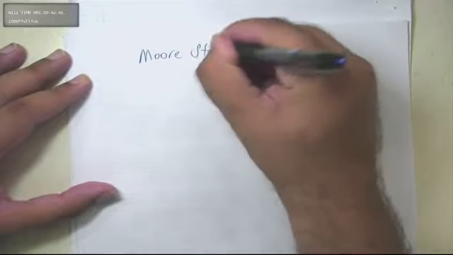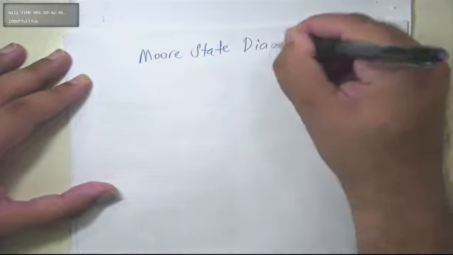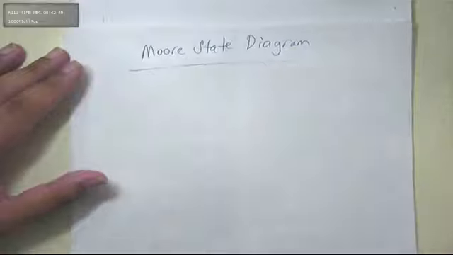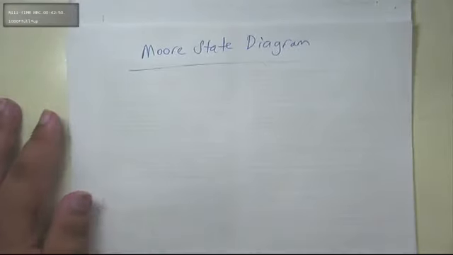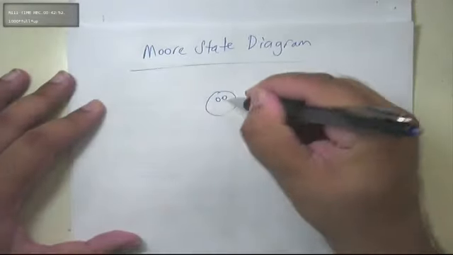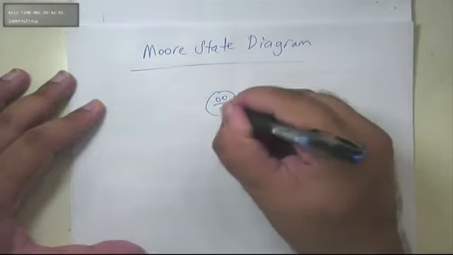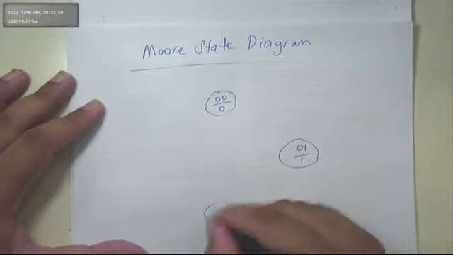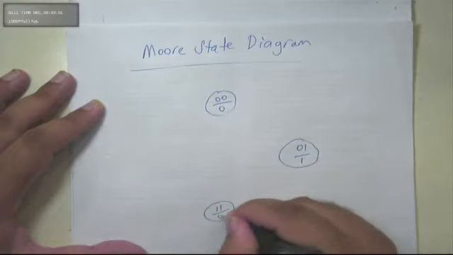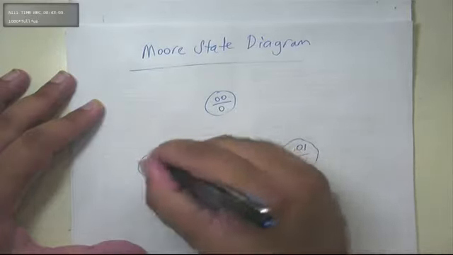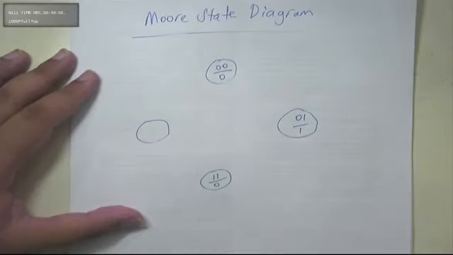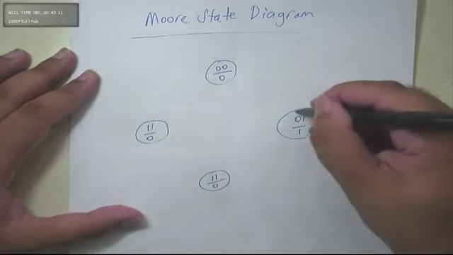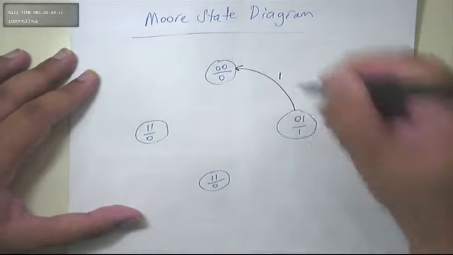Now, the Moore state diagram basically looks like this, guys. This is the system input.